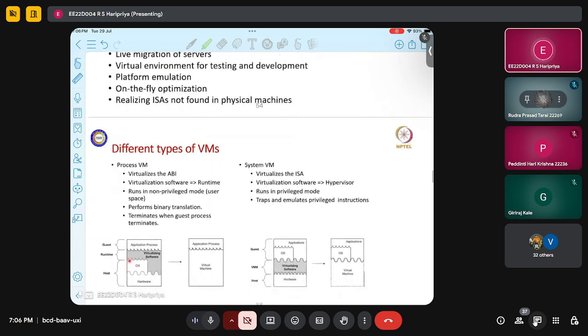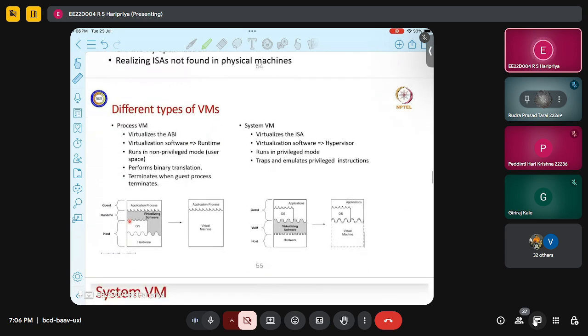So what are the different types of virtual machines? Here we are performing the virtualization. There is some application process.